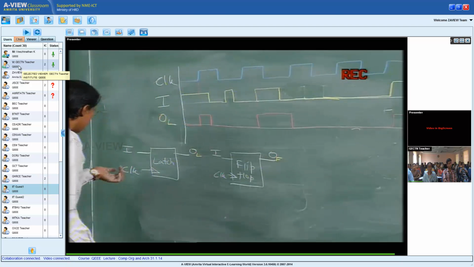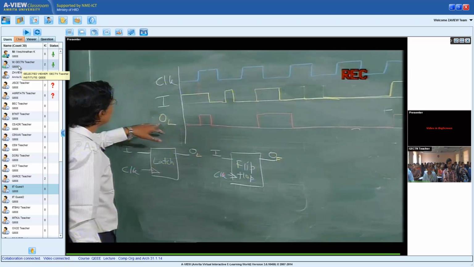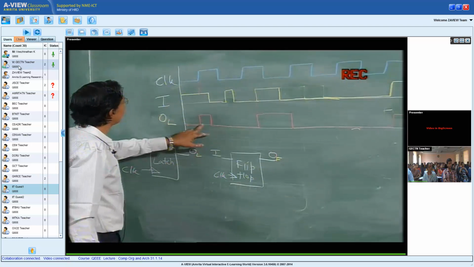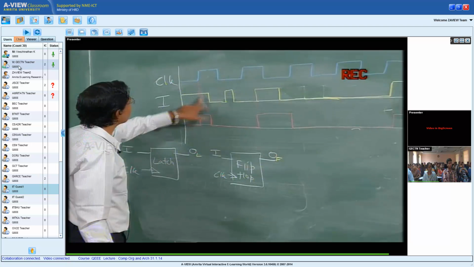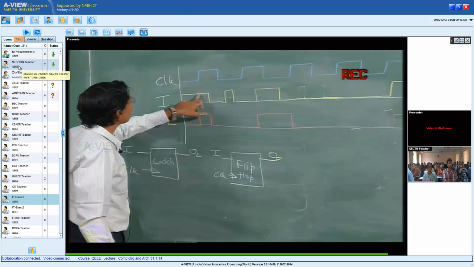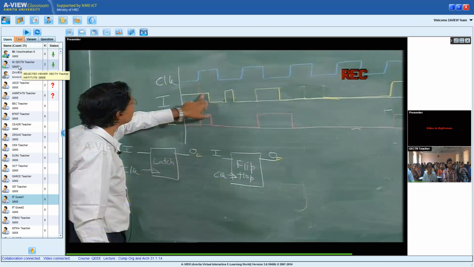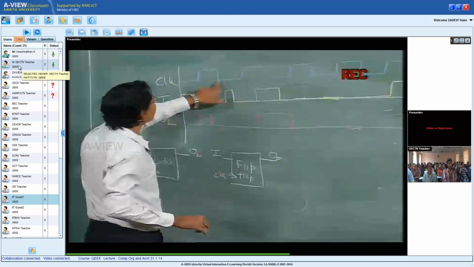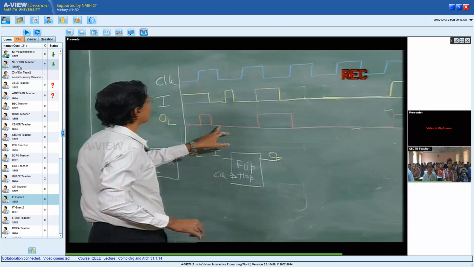So let me explain this again for you, the behavior of this input. Assume initially the input was 0 in the previous clock. When the clock became 1 here, this output became equal to the input, and as long as the clock remained at 1, this output is following exactly the input. So it is following till this part. The moment the clock became 0, the output remains at what it was when the clock was last 1.